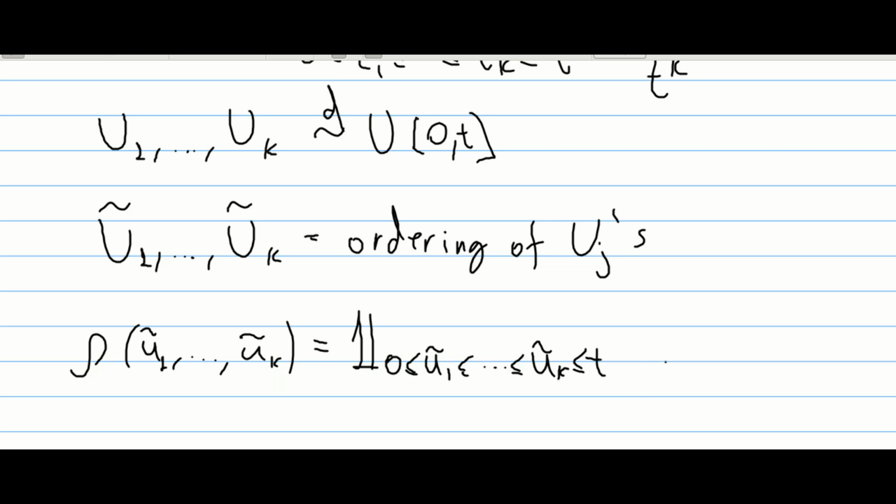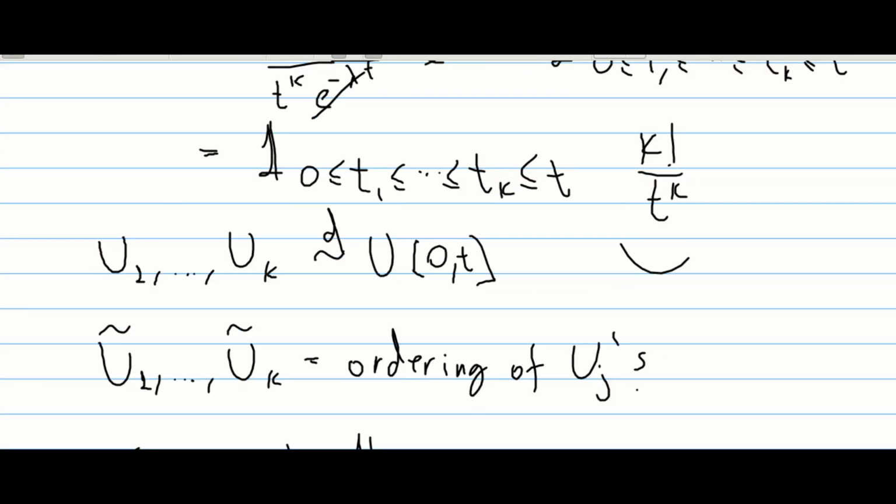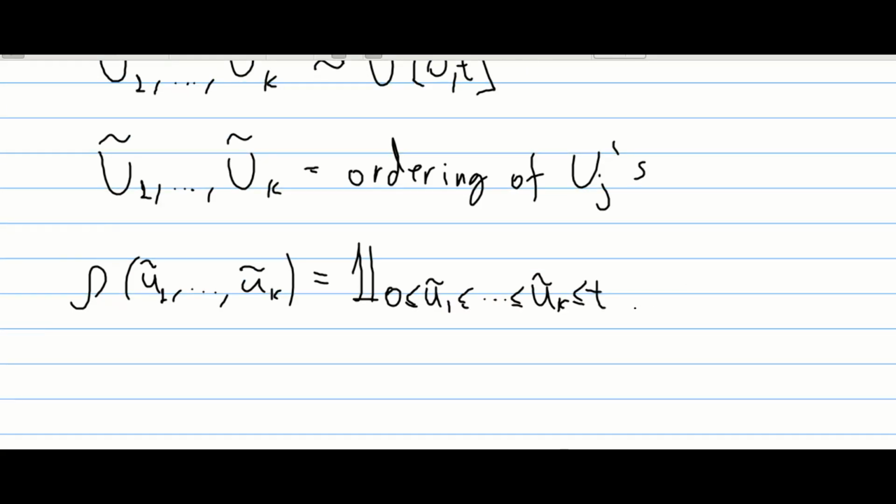And intuitively speaking, I would like to say there should be a constant here. And the only constant that makes a probability is exactly this. But instead of using intuition, let's make something more explicit.